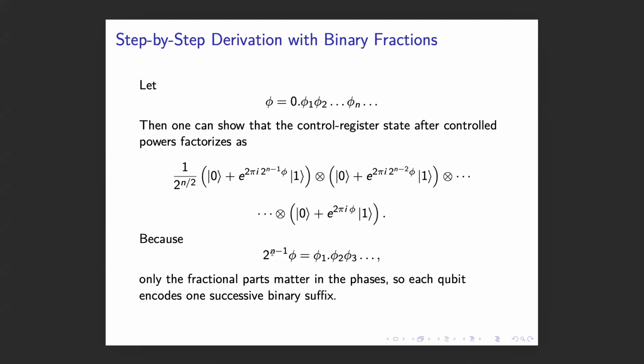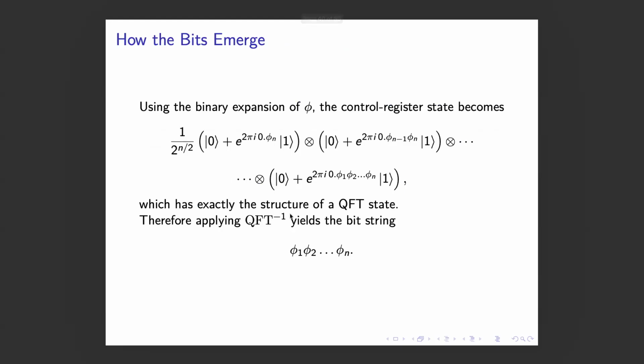Because of this relation here, if you multiply by 2 to the power of n minus 1, then only the fractional parts matter in the phases. So each qubit encodes one successive binary suffix. Using the binary expansion, the control register state has exactly the structure of a quantum Fourier transform, and applying the inverse quantum Fourier transform yields the bit string which we are interested in.